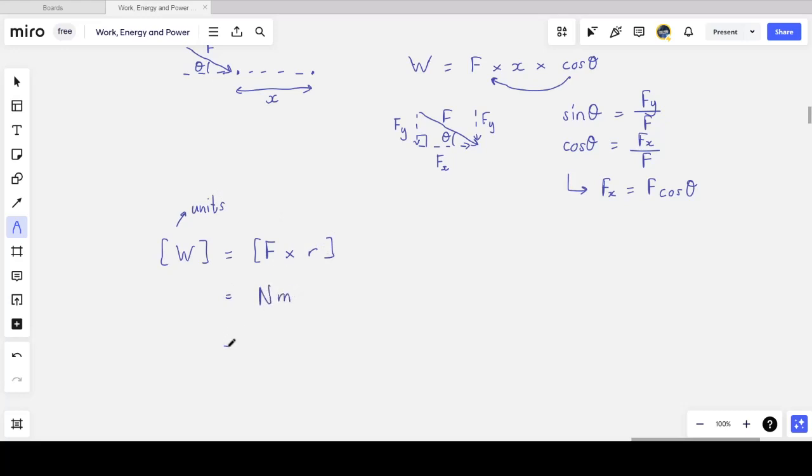But since we are too lazy to keep writing Newton meters, we give it a derived unit which we call the joule, uppercase J. So the unit of measurement for work done is the unit of measurement for energy, which we'll see just now, but this is the joule. So I should just write it down. Remember, when writing the unit down in words, even though it's named after a person, it becomes a common noun, so it's lowercase j, J-O-U-L-E, the joule.